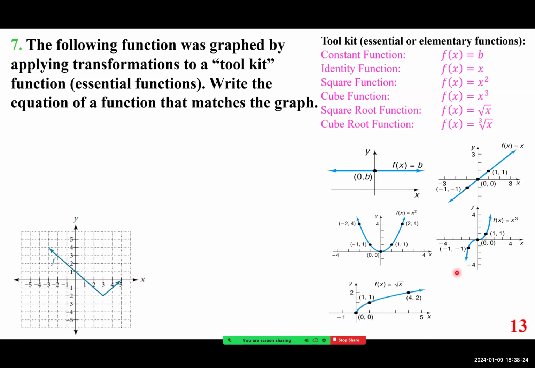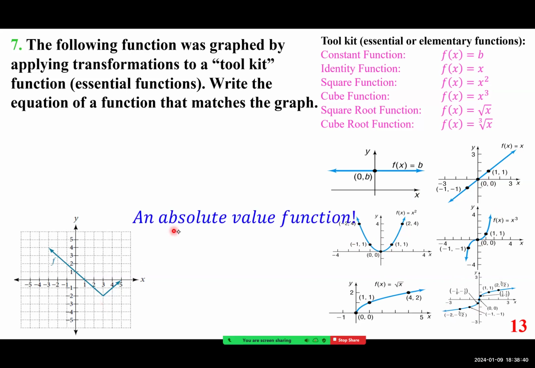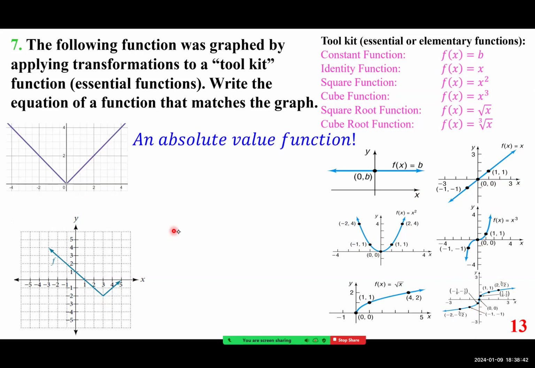F of x equals square root of x, a root function with an even index, square root more specifically looks like that, and a cube root looks like that. So we should know that. In this case, you may recognize it's an absolute value function, and an absolute value function looks like a V shape. So the vertex is located at 0, 0. And the formula is y or f of x equals absolute value of x. So that's the basic function we start with.